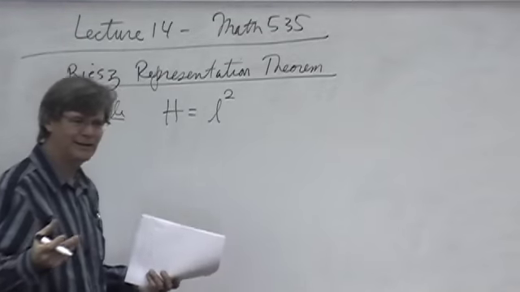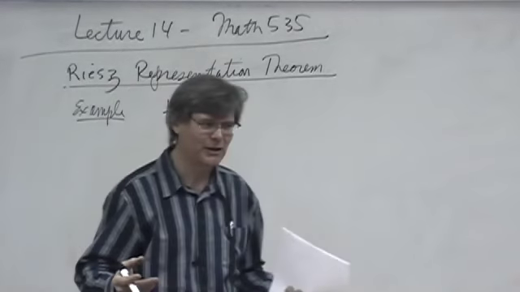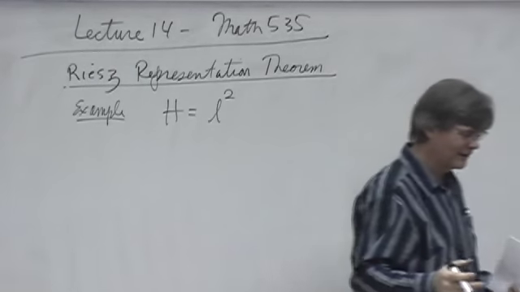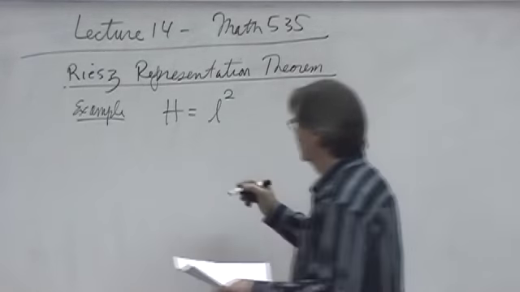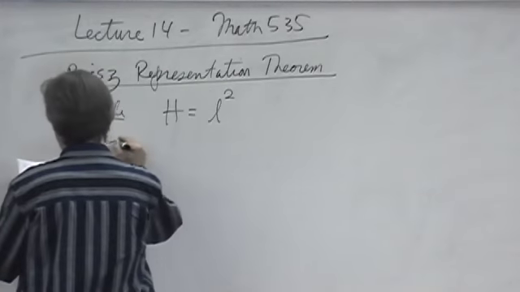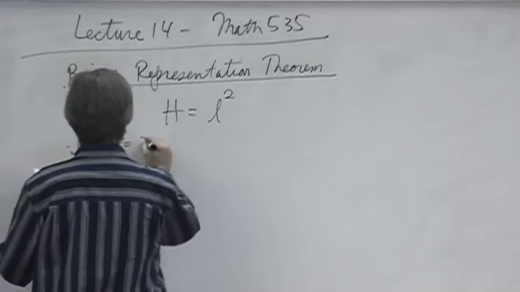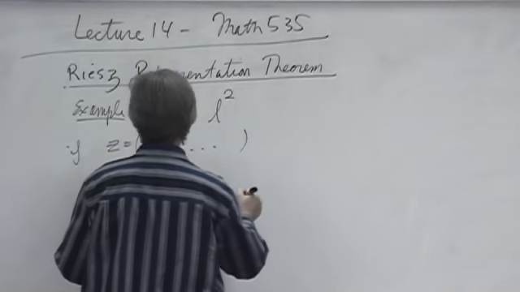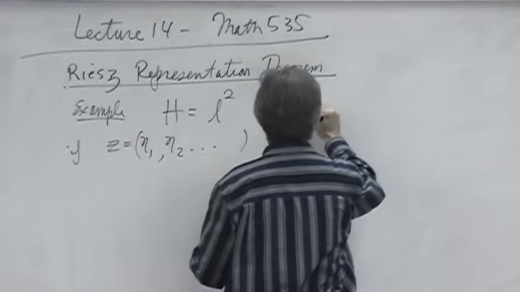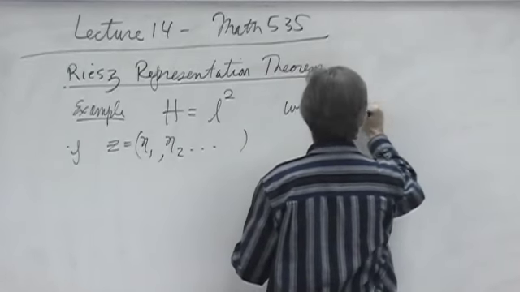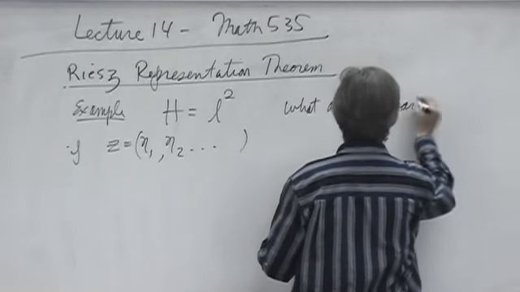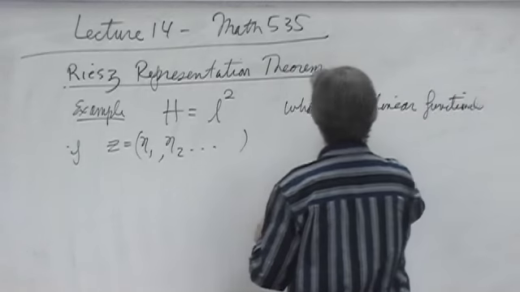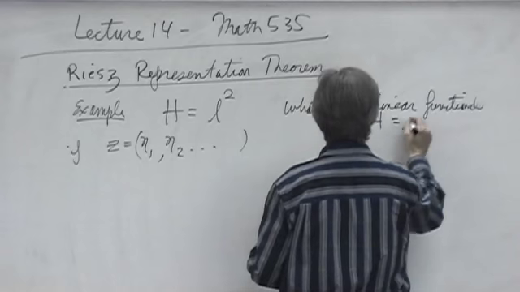Remember, if we had a basis, we said it's pretty much linear combinations of, if Z equals a1, a2, and so on. So this is the question: what do the linear functionals on H equals little L2 look like?